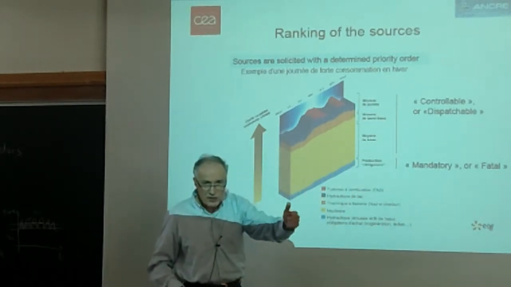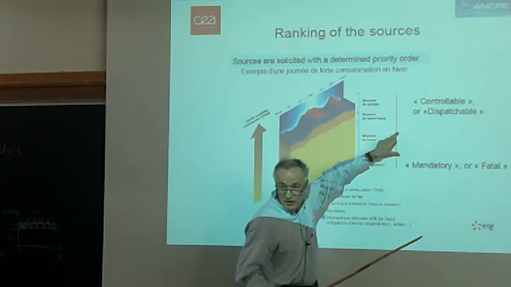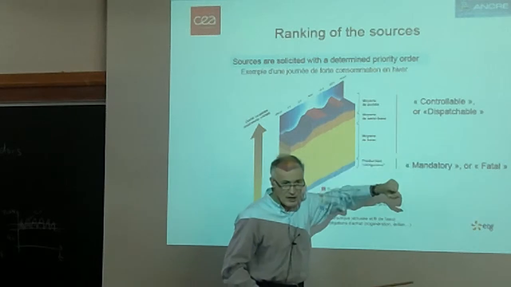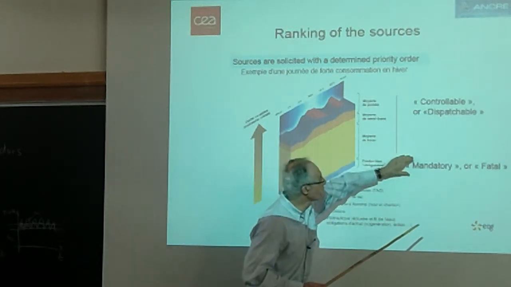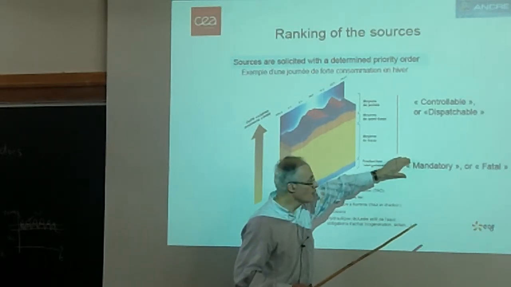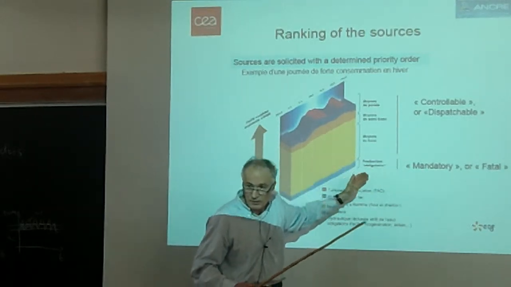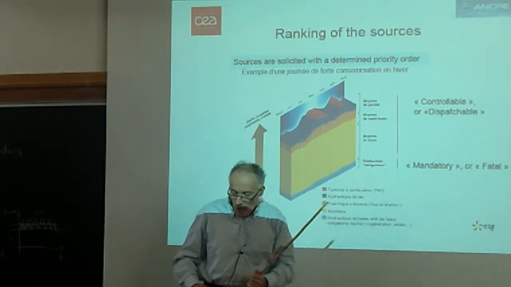An economical logic, where you mobilize first the sources that have low variable cost, and also a political logic. The fact that you mobilize solar and wind first also obeys a political logic. It is doctrine. Nothing obliges you a priori to mobilize these first.